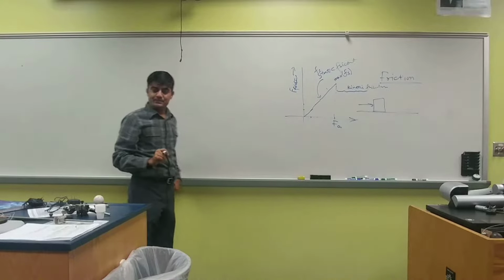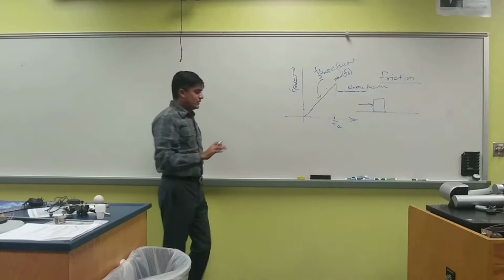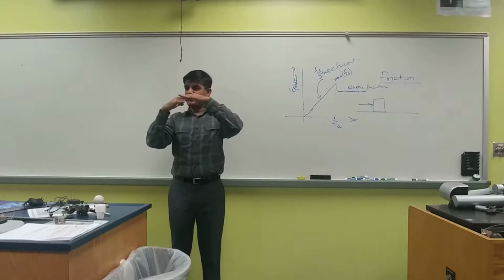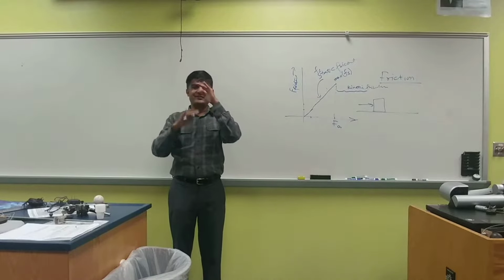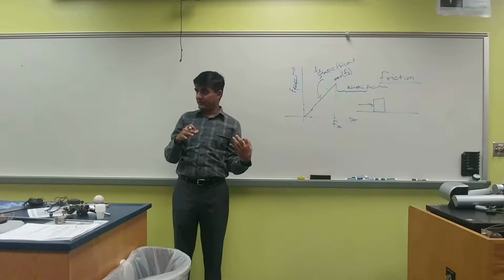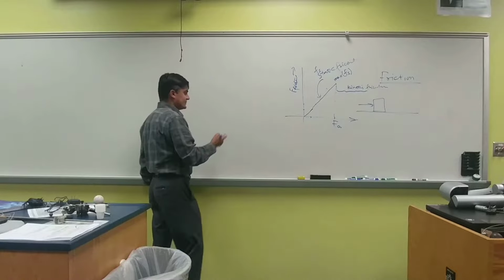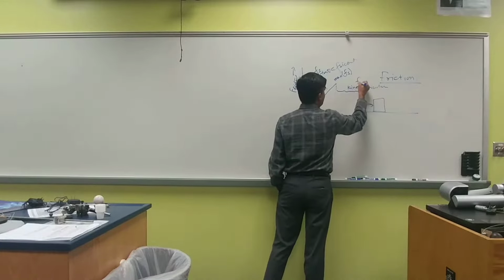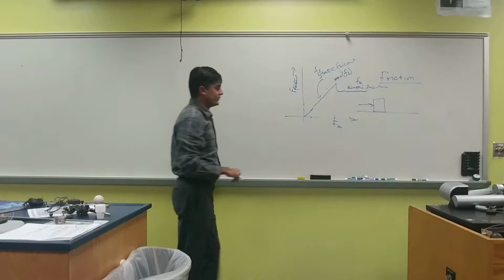Now, I don't want to go into detail about the molecular structure, what happens at the surface of contact, the molecules, there are so many things there. But let's go directly to the physics part. This frictional force, this one I call F of kinetic.